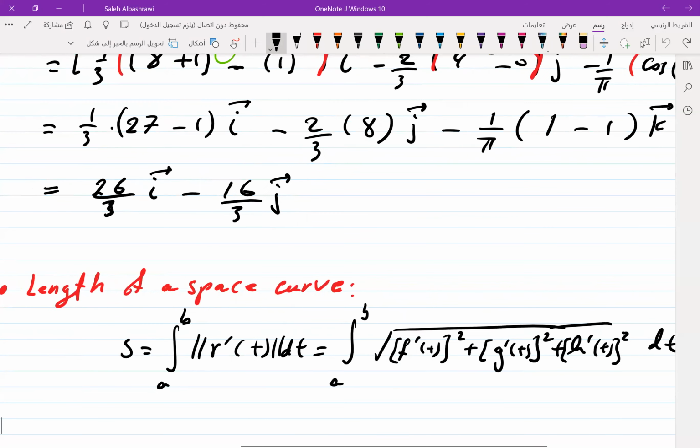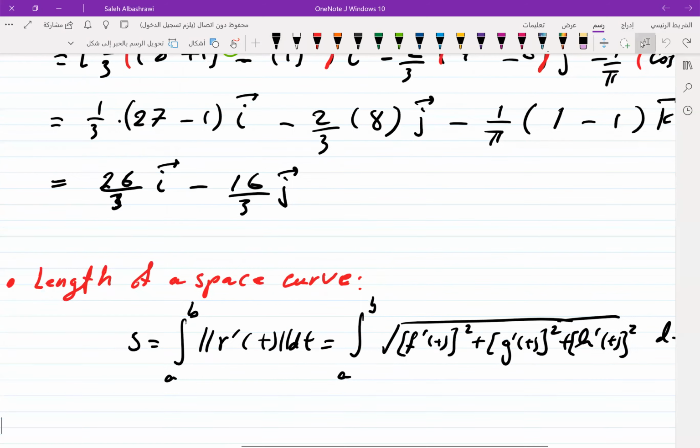This will give me the length of the curve in space.